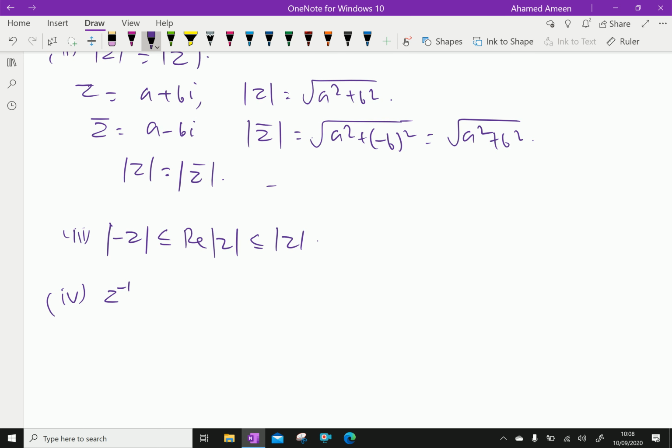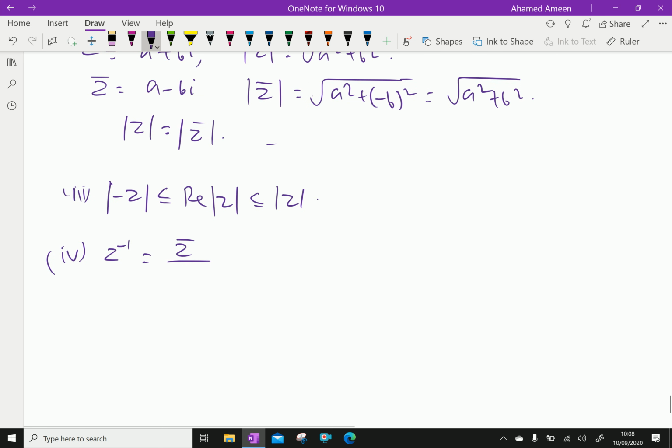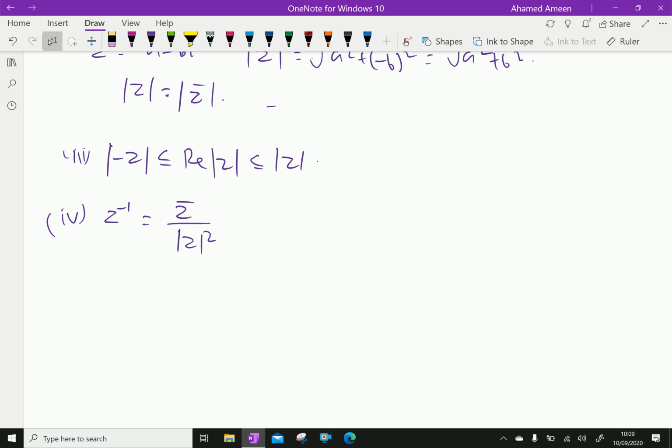z power minus 1 is conjugate z over modulus z squared. Now we know that z into z bar is modulus z squared.